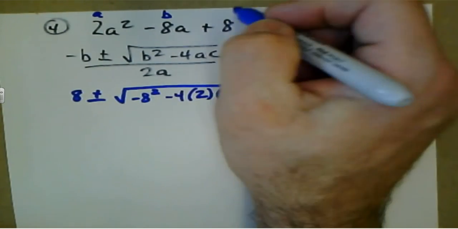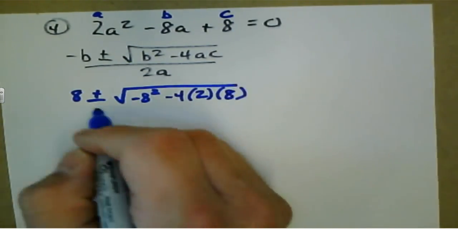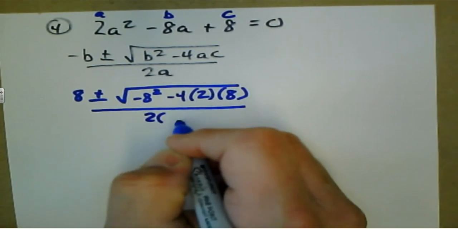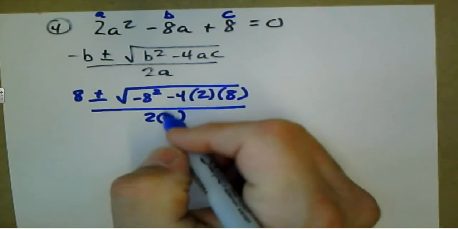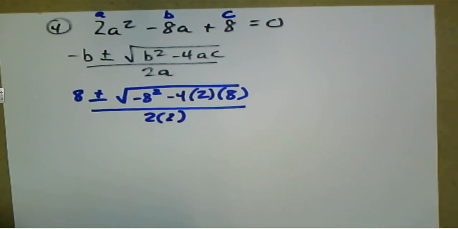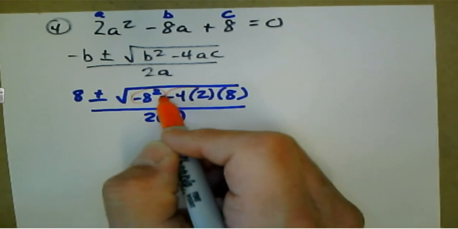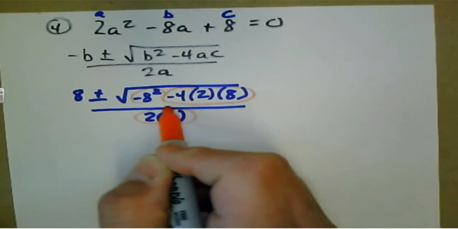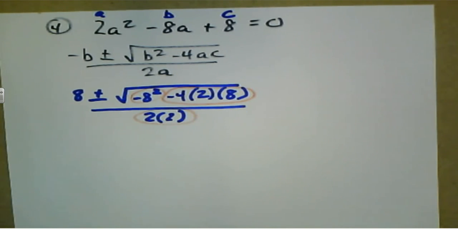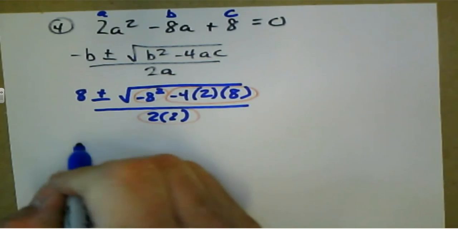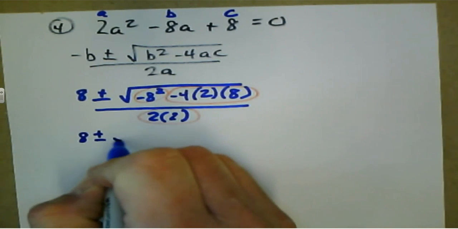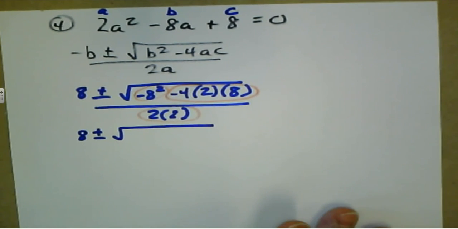The a is 2. The c is 8. And that's all over 2 times what a is, which is 2. All right, the 8, the plus and the minus, and the radical stay.